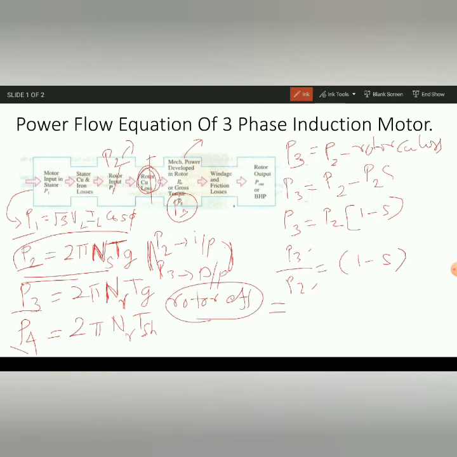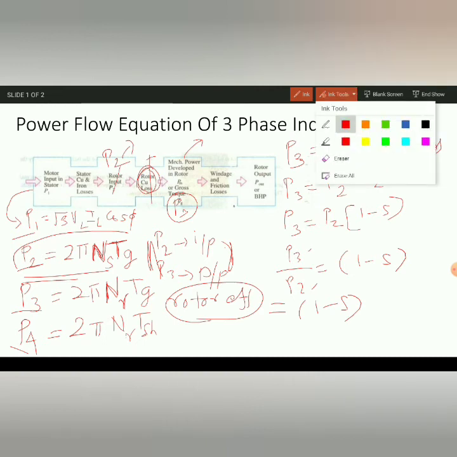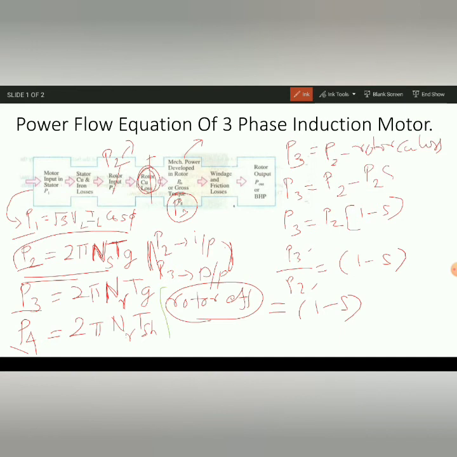So rotor efficiency is simply 1 minus S. Or the rotor efficiency formula can be different also. Is it clear?